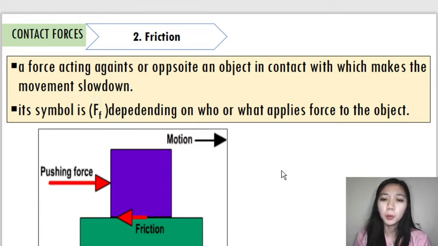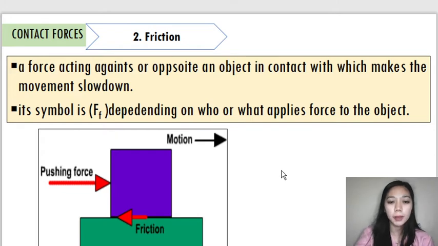And depending on who or what applies force to the object. Pakitandaan din that friction is the reason why if you have a ball and the ball is in motion, for example, a ball rolling on a hill, mapapansin nyo that the ball will slow down and of course, hihinto rin siya. Ang reason dito is friction.